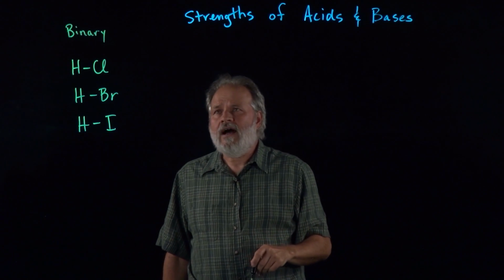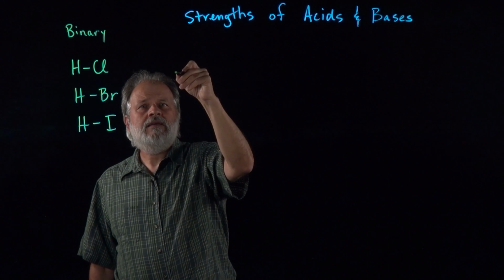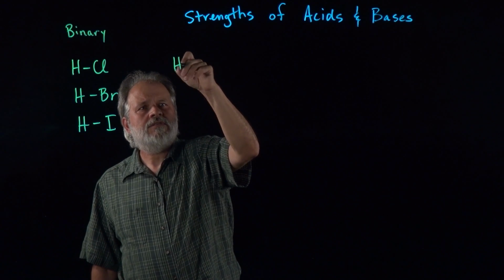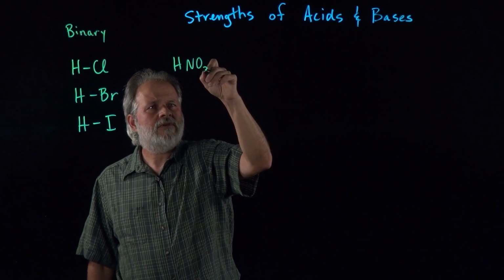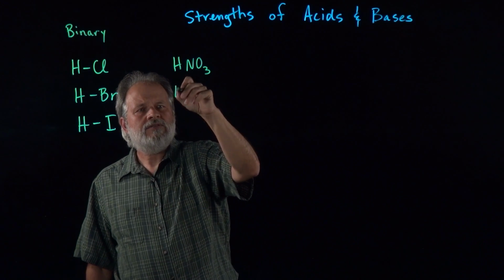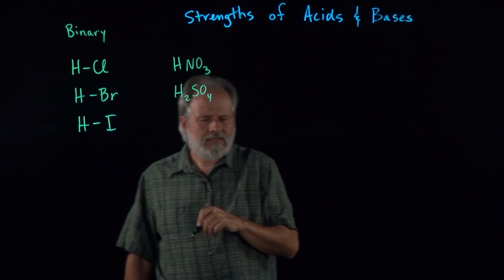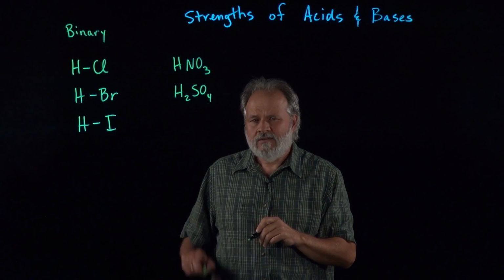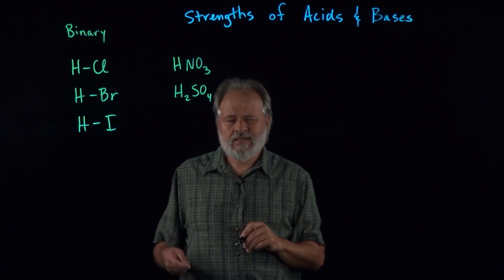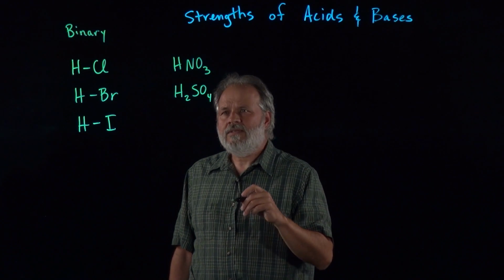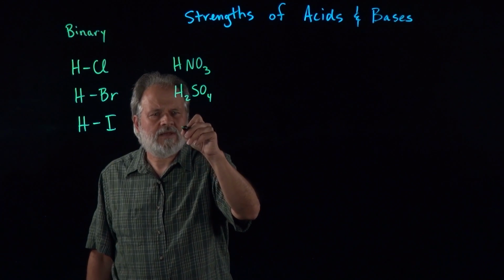All right, now the oxo acids will be HNO3, nitric acid, and H2SO4. This is the only one in the list that has 2 acidic protons. The first proton comes off 100%. The second one, not quite, but it comes off a significant amount.